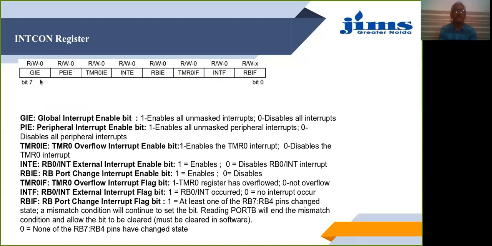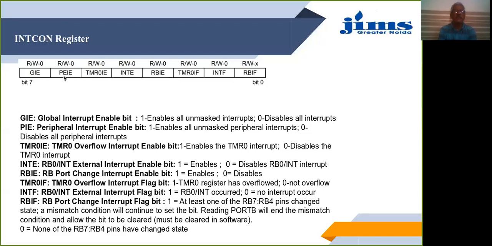Bit number 7 is the GIE, which stands for the global interrupt enable bit. It enables all the unmasked interrupts, or 0 to disable them. So we can enable or disable by setting this bit to 1 or resetting it to 0.